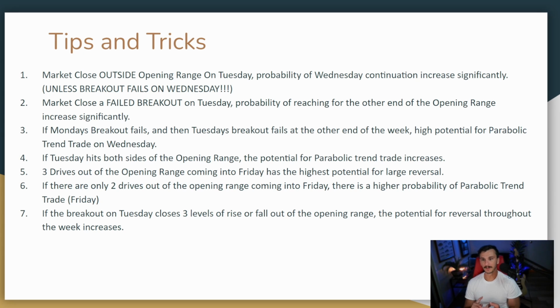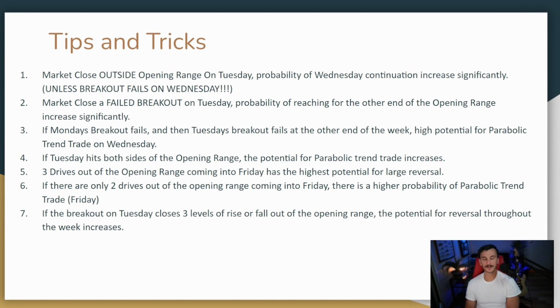Number one, the market closed outside the opening range on Tuesday. The probability of Wednesday's continuation goes up significantly. So if we have an opening range and we have an opening range breakout on Tuesday and it closes on the outside, the probability of Wednesday turning into a parabolic trend trade goes up significantly.